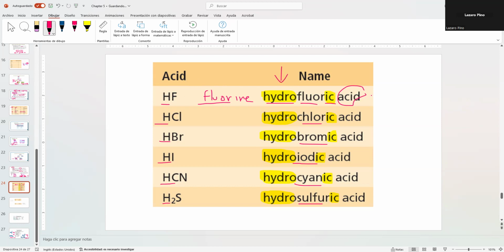And we also write the word acid at the end in order to make you, or anybody, understand that we are in front of a compound that produces this kind of protons in water solutions. Okay?